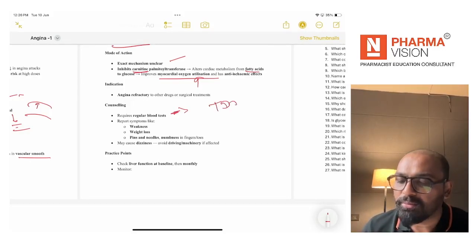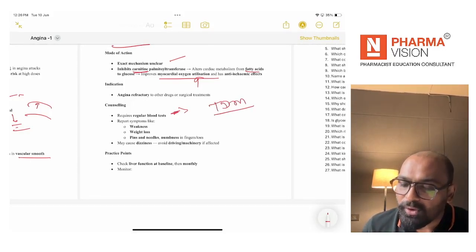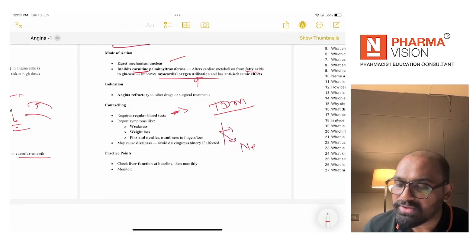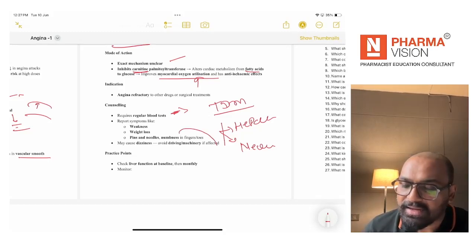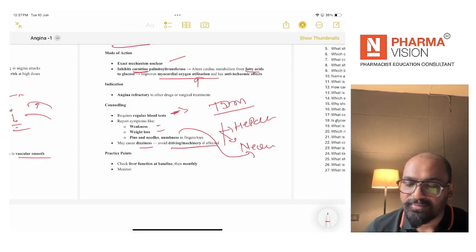TDM, therapeutic drug monitoring. Two important side effects we have to understand. One is neurological side effects and the other one is hepatic side effects. Pins and needles are considered neurological side effects. Weight loss, weakness, these kinds of side effects overall may cause dizziness.